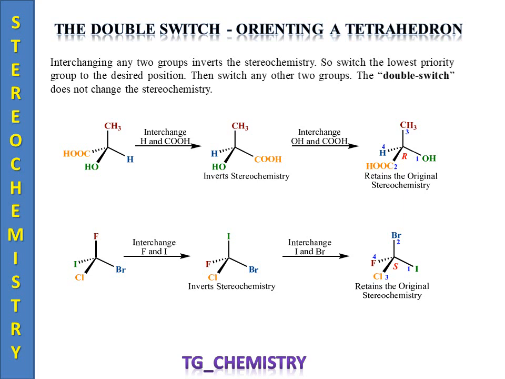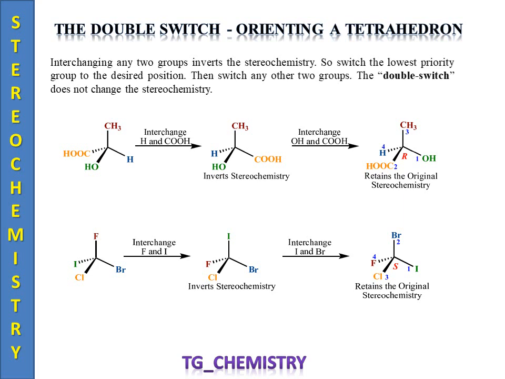Here comes the double switch and orienting a tetrahedron. As I said a couple of seconds back, interchanging any two groups inverts the stereochemistry. So switch the lowest priority group to the desired position. That means if the fourth priority group is on the page, you need to exchange or swap it with the group represented in the dashed line.